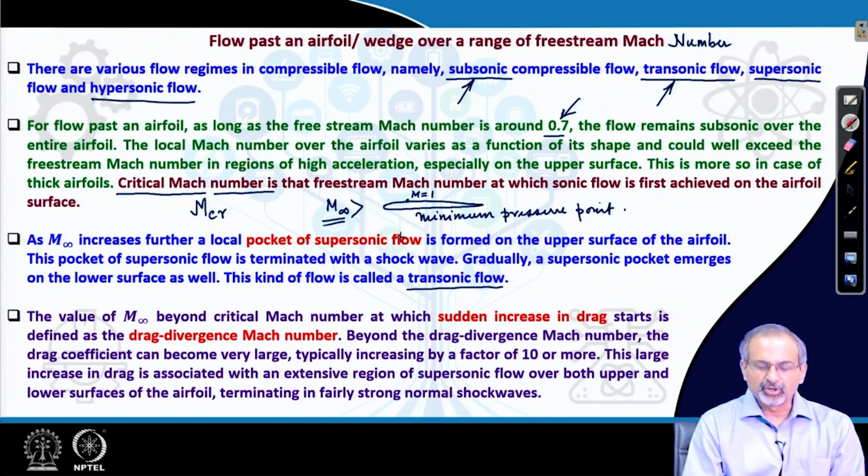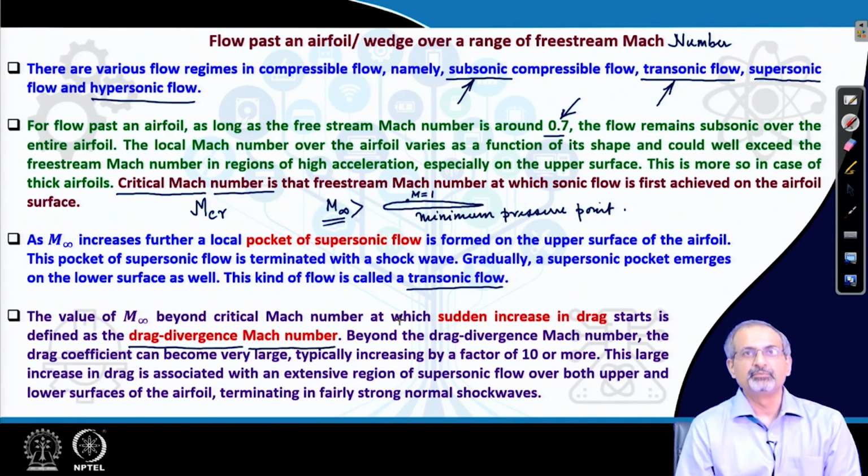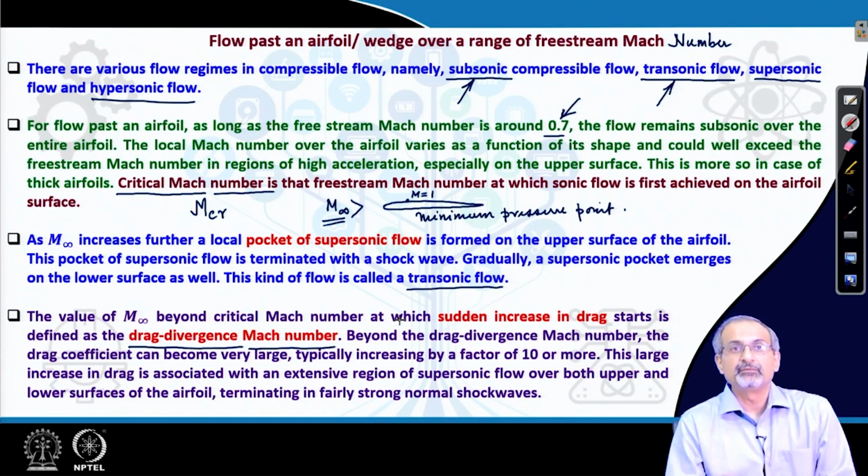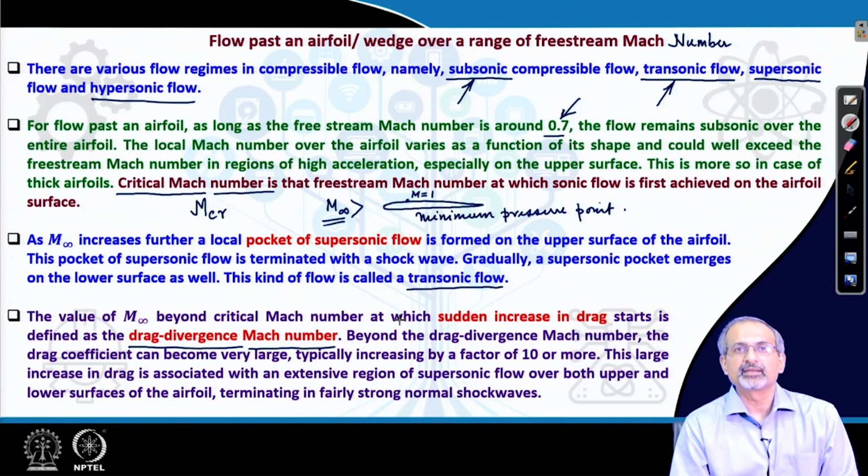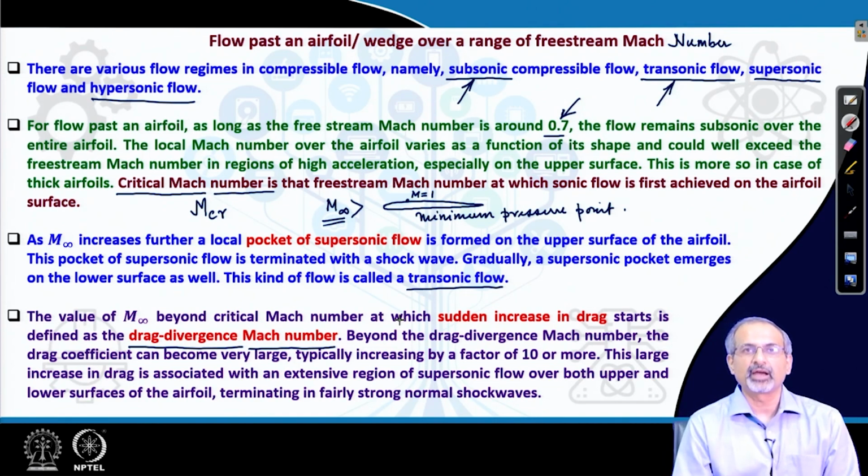Now, as you move beyond the critical Mach number, there is a point which we call the drag divergence Mach number, beyond which the drag starts increasing quite dramatically, and sometimes the drag increase could be many-fold, maybe one order higher. That means about 10 times higher than what you had before the critical Mach number.